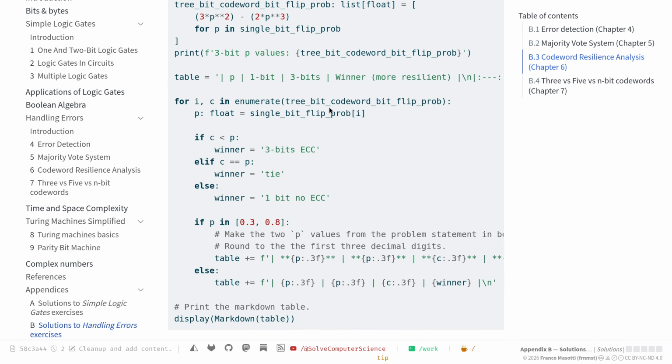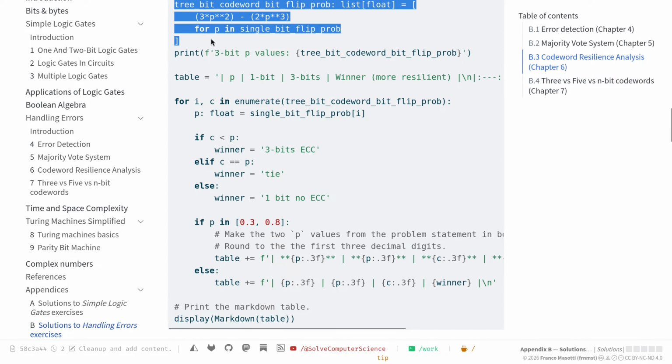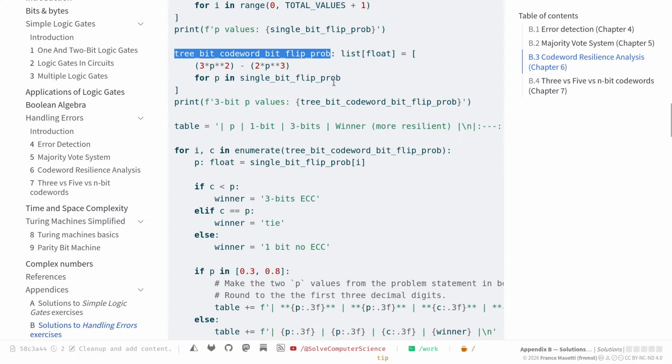Our table will have the values of p, the uncorrectable error probability for the no redundancy case and for the 3-bit case, and the winner between the two. So we just compare the values from the equation with p. These are the values from the equation for the 3-bit code word. There's a variable here, which is then placed here and extracted as c.